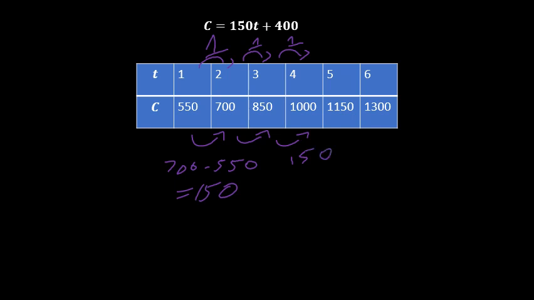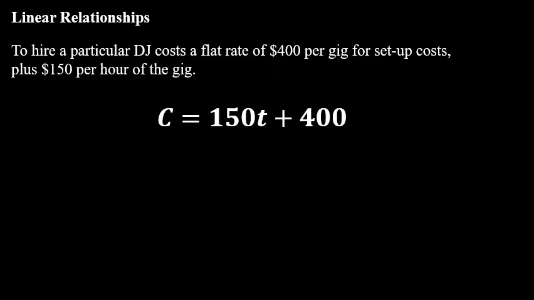Okay, let's go back and look at one more way of thinking about linear relationships and gradients, and that's jumping all the way back to the equation that we wrote at the very beginning. Every single linear relationship, the equation for it follows the same format, and that's the format of y equals mx plus c.